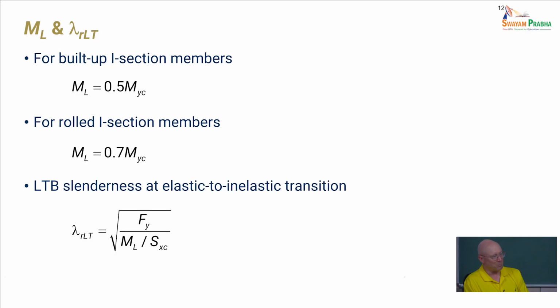So that's consistent with the earlier sections of Chapter F. Those sections, the first section and the second section F2, are addressing only compact rolled sections. So for general sections here, if you have a rolled section, using ML equals 0.7 MYC gives you comparable results to what you would get from section F2. And the LTB slenderness at the elastic to inelastic transition, lambda RLT, is simply square root of Fy over ML's the elastic buckling stress at that level, so ML over SXC.